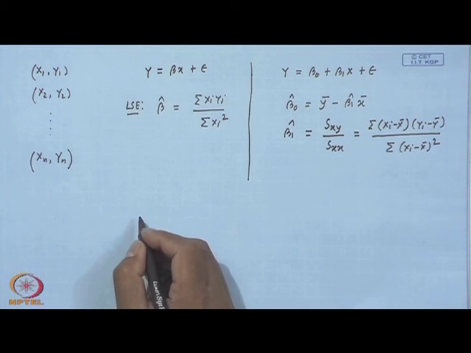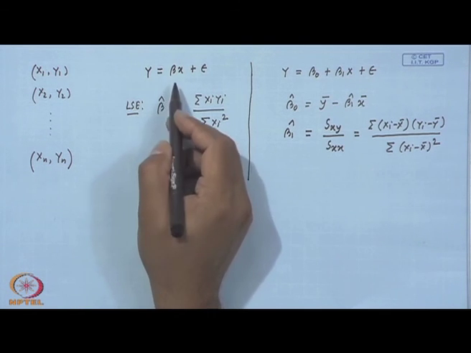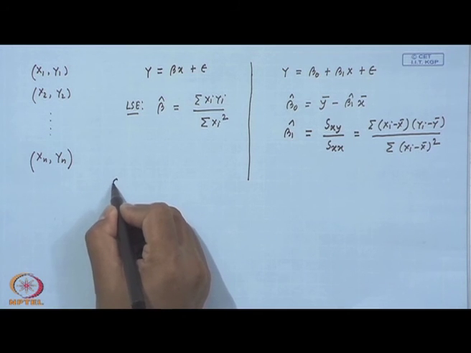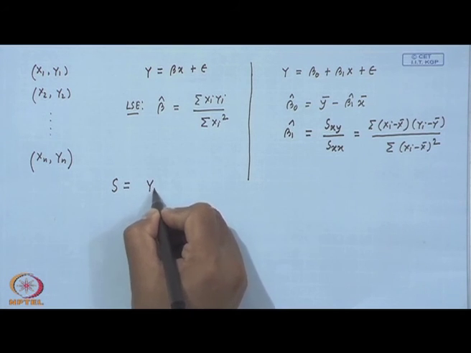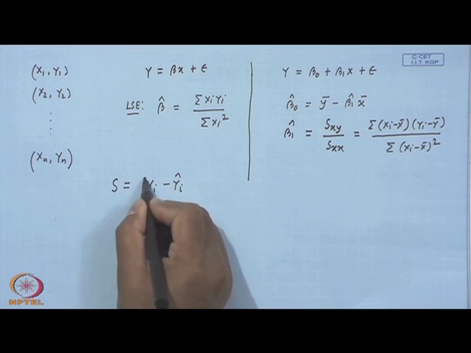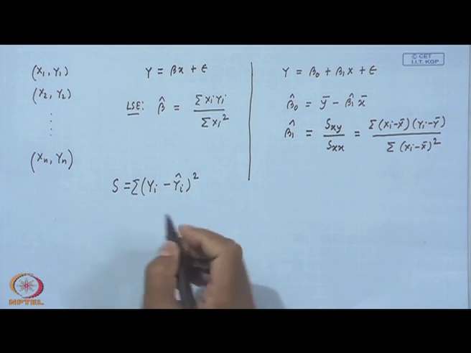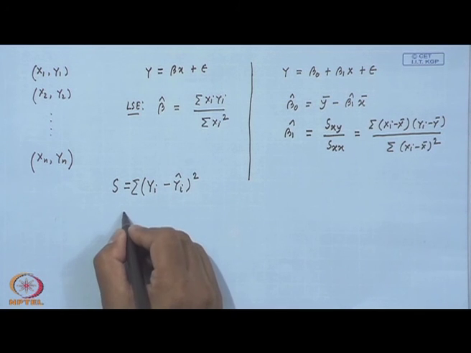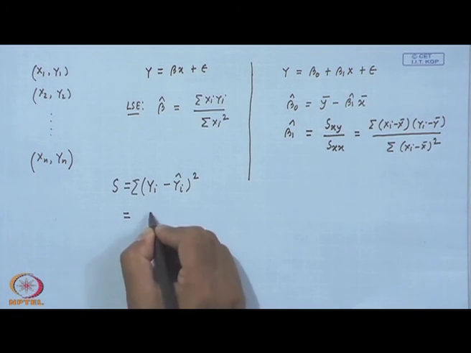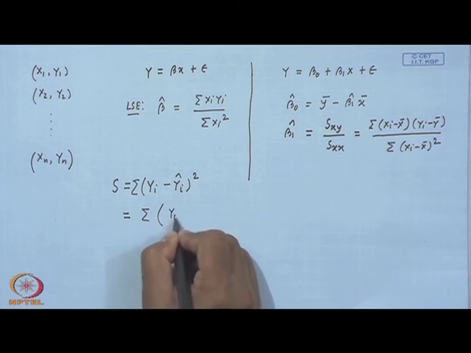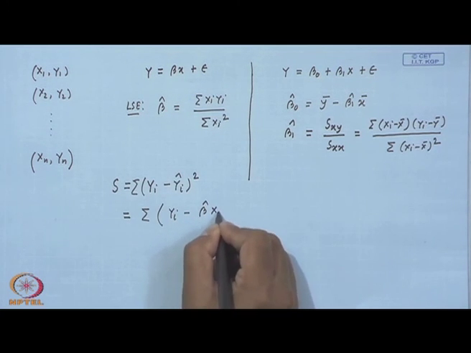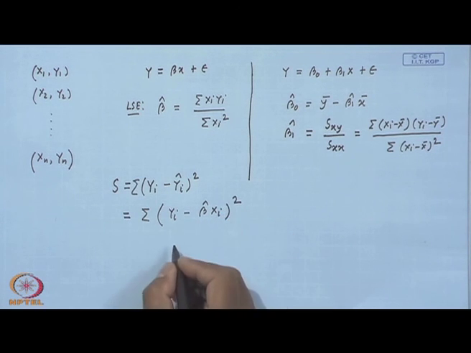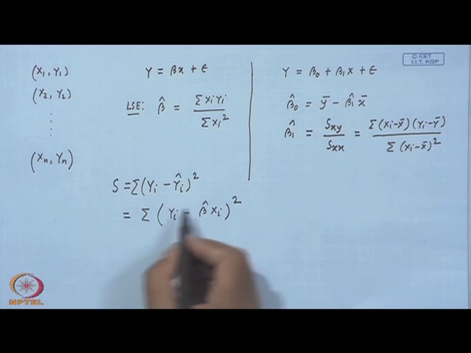To find it, we minimize this function S, which is the sum of squares of y I minus y I hat. This is the ith residual, and y I hat I can replace by beta hat x I. Then the least square estimate of beta hat is obtained by minimizing this function with respect to beta.